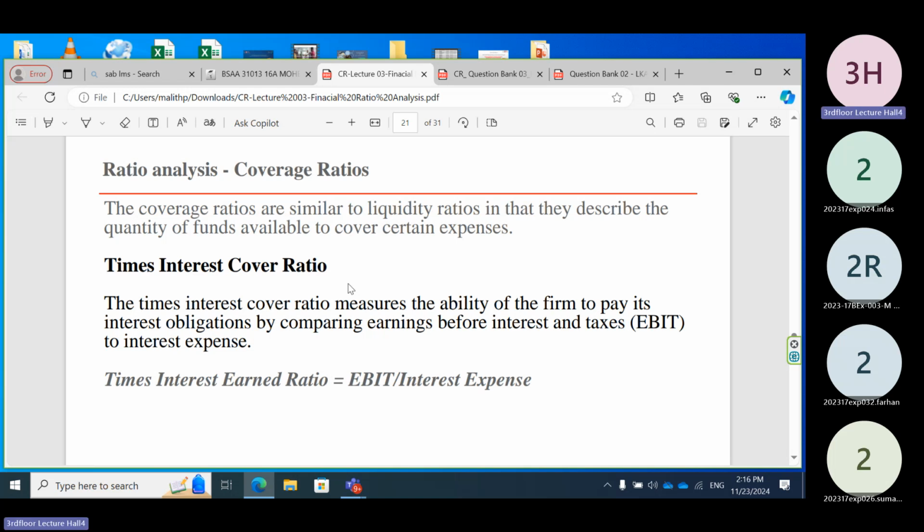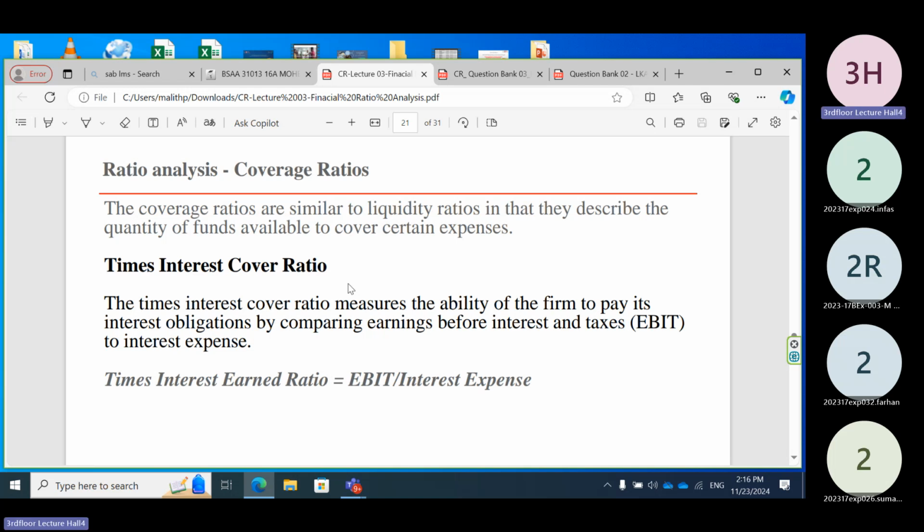These earnings are for whom? To debt holders as well as to the shareholders. Both investors' earning is the EBIT. EBIT for debt holders and equity holders. That's the operational profit. That will be divided by interest expense.